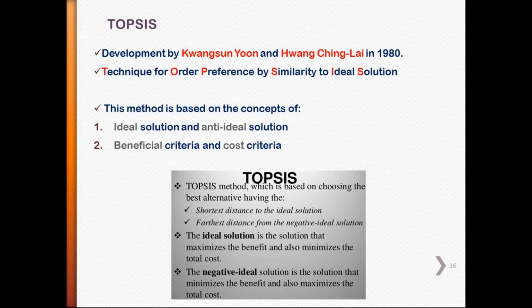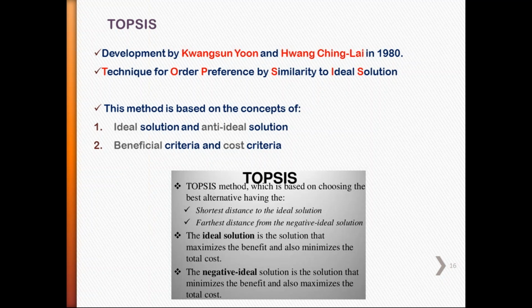So based on the decision making data, we have to define two hypothetical alternatives. One is the ideal alternative, one is the anti-ideal alternative. And with respect to each individual candidate alternative, we have to measure the separation distance, once with respect to the ideal solution and secondly with respect to the anti-ideal solution.